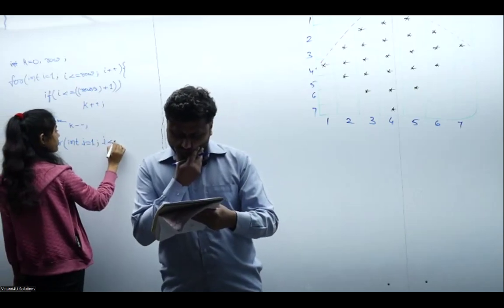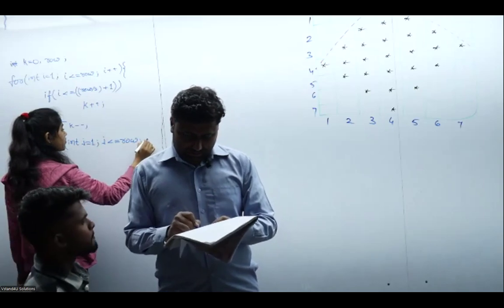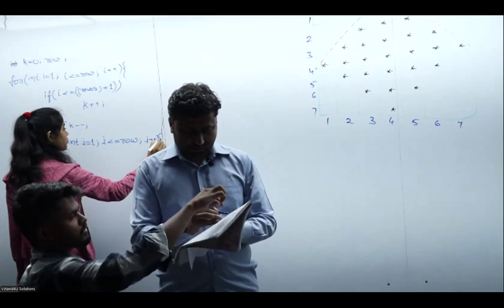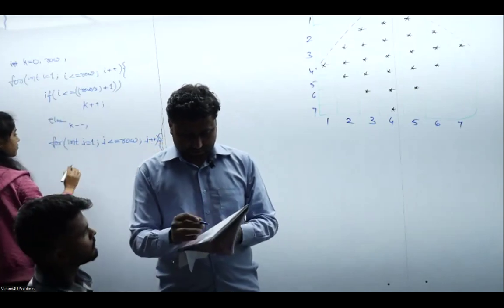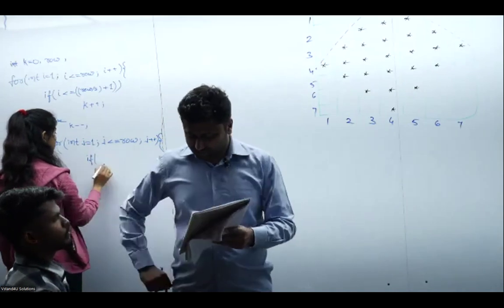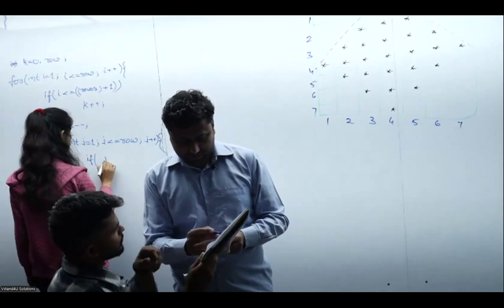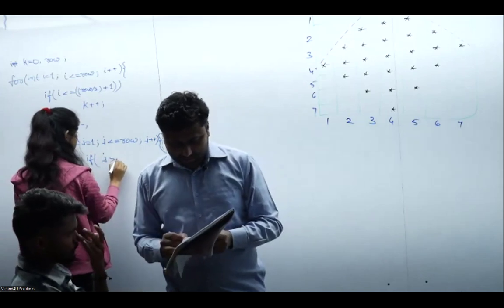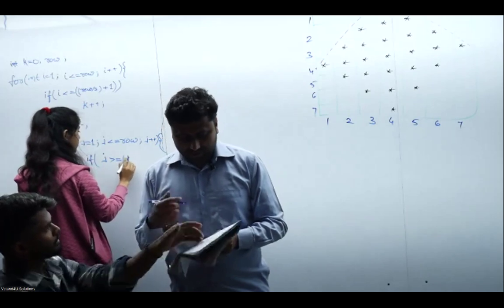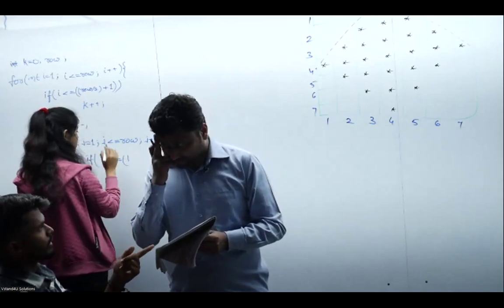Are you sure? This is correct. This one, 3 plus J should be, this one you're telling, no? Rows by 2 plus... how many rows are there? 7. 3 plus 2. Okay, if rows are 11, 5 plus 2, 7.